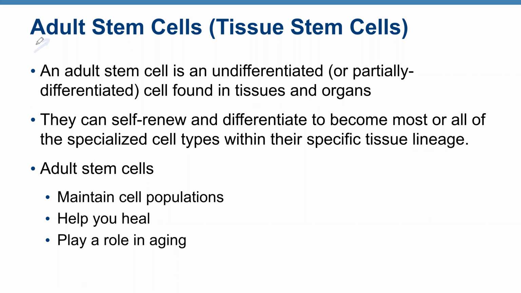If you take hematopoietic adult stem cells, they can only differentiate into blood cells. They cannot differentiate into muscle cells. That's why it says within their specific tissue lineage. Adult stem cells maintain their population, which means those stem cells will divide and produce more stem cells. They can help you heal and play a role in aging.